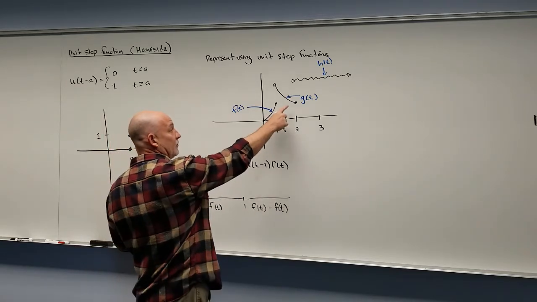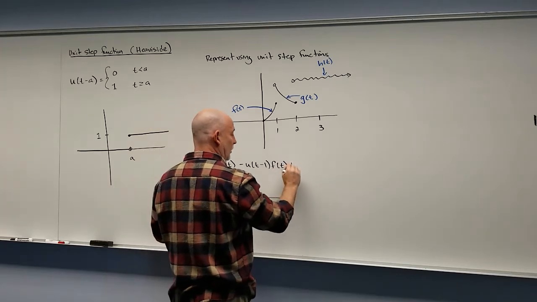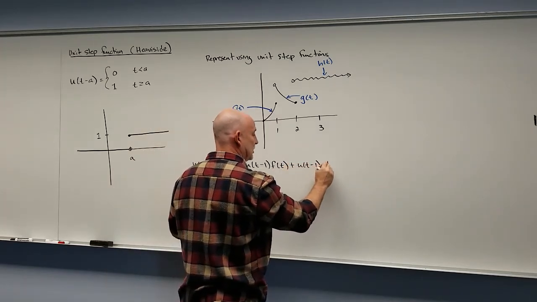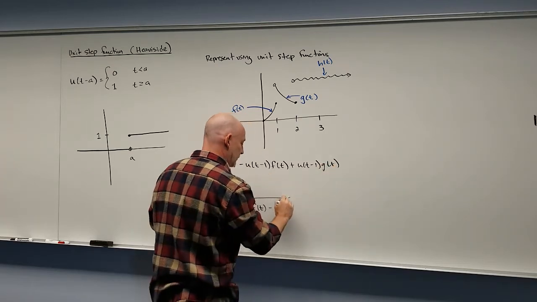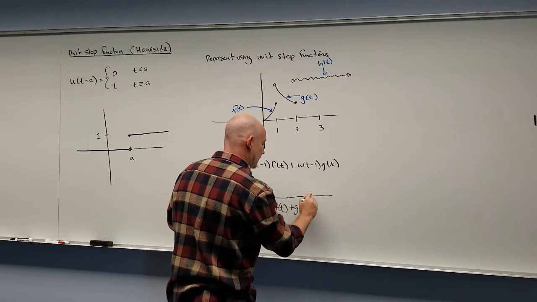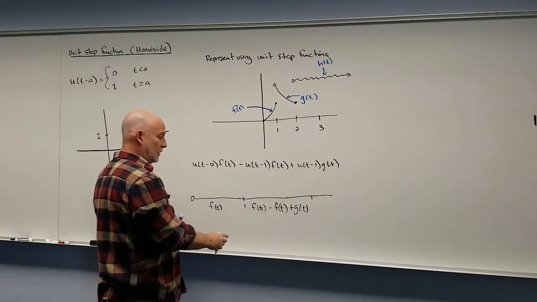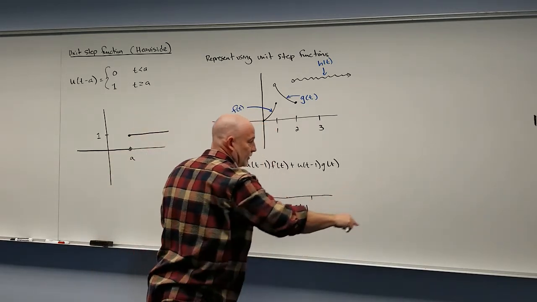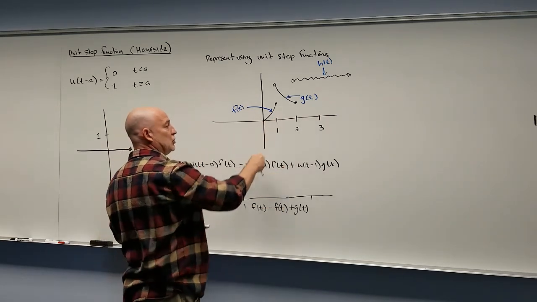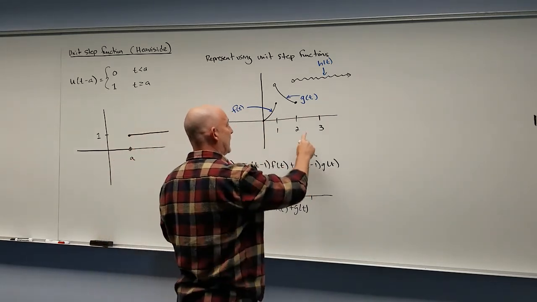Now, I also want the g of t to turn on there, so also at t minus 1, I want g of t to happen. So here at 1, I'm also adding g of t. So now g of t is going to be on from 1 forever. Now, the next thing we want to happen is at 2. So what do I want to happen at 2?